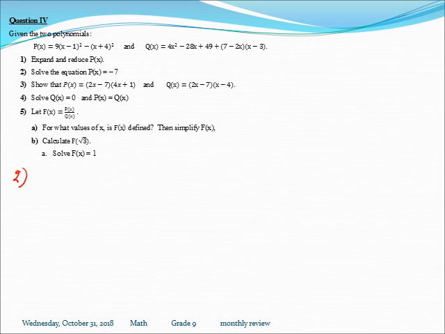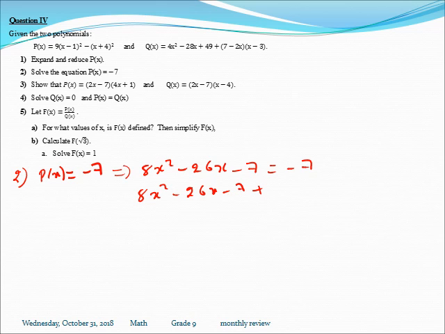Number 2. Solve P of x equals minus 7. Take the answer of the expansion: 8x squared minus 26x minus 7 equals minus 7. 8x squared minus 26x minus 7 plus 7 equals 0. 8x squared minus 26x equals 0.